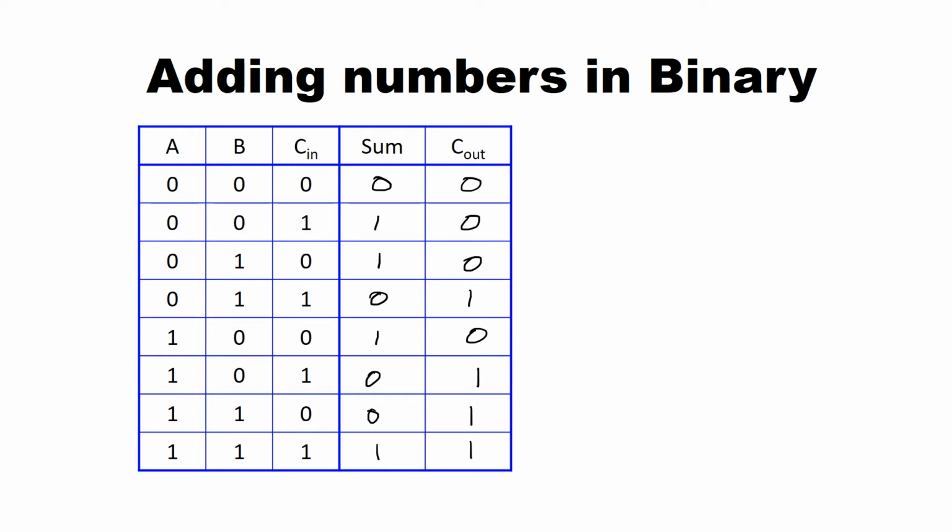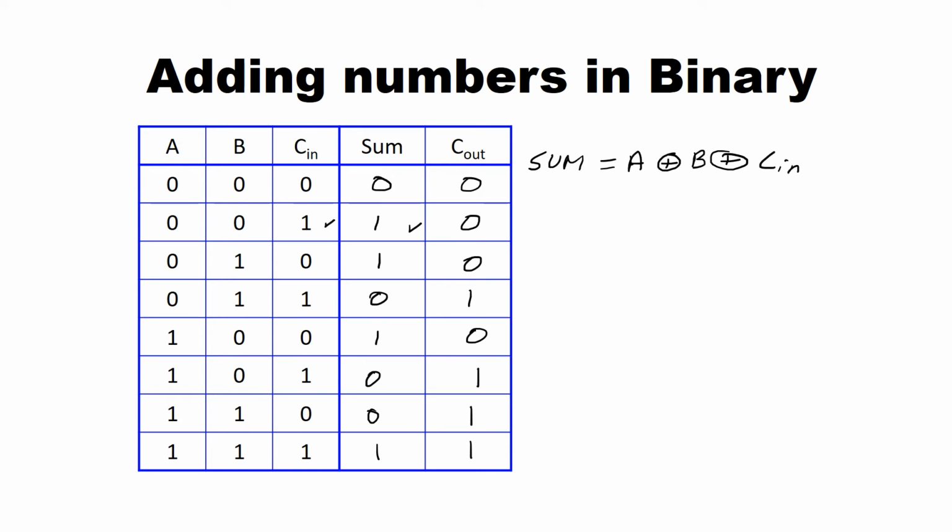So let's complete the equations for my output columns. The sum, and I think if you give this some thought, you will agree, it's really just the exclusive ORing of all of my inputs. I'm going to exclusive OR A with B, exclusive ORed with my carry in column. Exclusive ORing really gives you a 1 if you have an odd number of 1s as inputs.